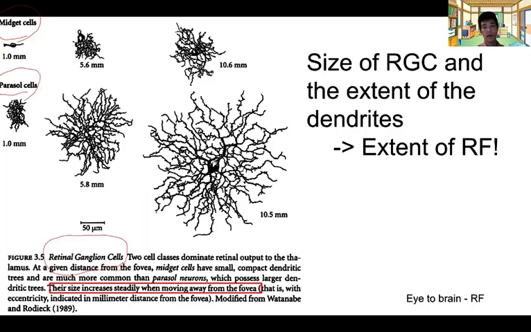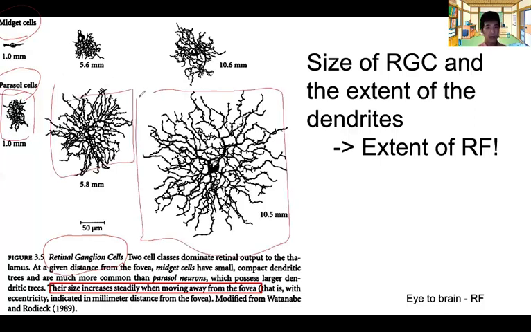And the parasol cells are related to the detection of motion or low contrast stimulus. As you can imagine, some kind of functionality that goes with a bigger receptive field. Basically, the size of the dendrite also corresponds to the extent of the receptive field. Okay, and the midget cells are small, and so it's correlated with fine resolution and also color experience. But exact computational wiring is not known exactly, at least in the human.